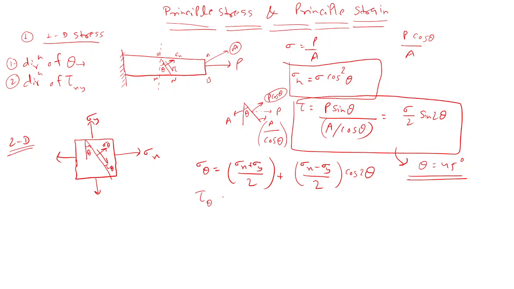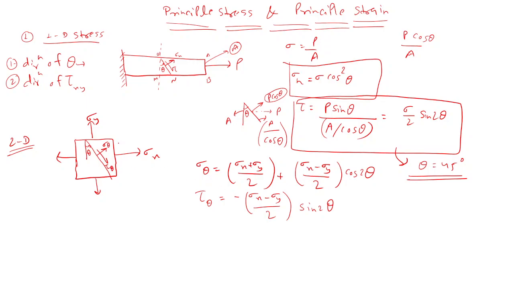Now what will be the tau theta? Minus sigma x minus sigma y by 2 sin 2 theta. Actually, one thing I want to tell you: this minus will come when the direction of tau is the opposite.